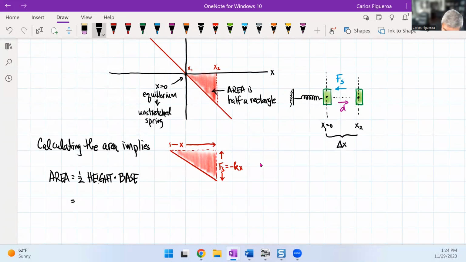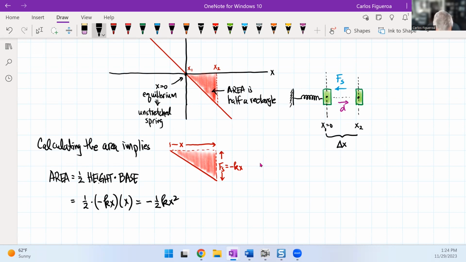When I add this all up, you're going to see that this will be 1/2 times minus kx times x, which gives you minus 1/2 kx squared. So that is going to be my area.